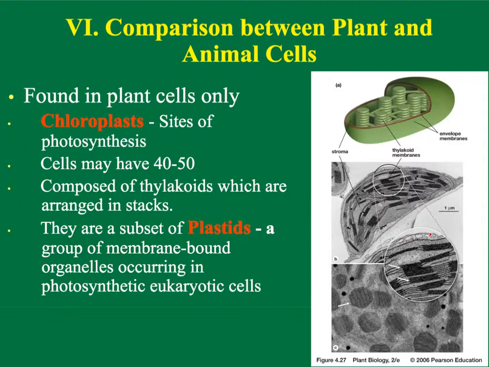So cells can have between 40 to 50 chloroplasts. They're composed of thylakoids, which are arranged in stacks, and they are also a subset of plastids. So we'll be actually looking at a number of different plastids, and these are a group of membrane-bound organelles that occur in the photosynthetic eukaryotic cells.